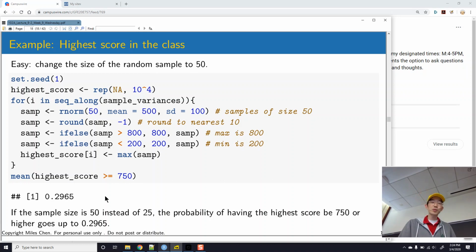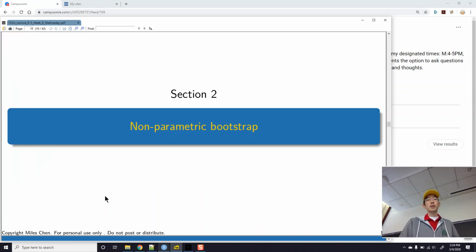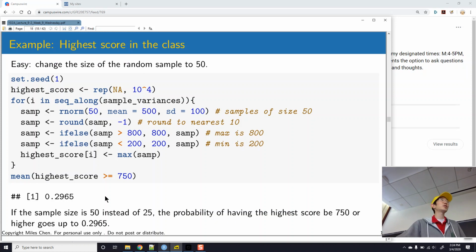So with this parametric bootstrap, we can answer a lot of probability questions just by simulating the sampling distribution ourselves. All right, is that okay?